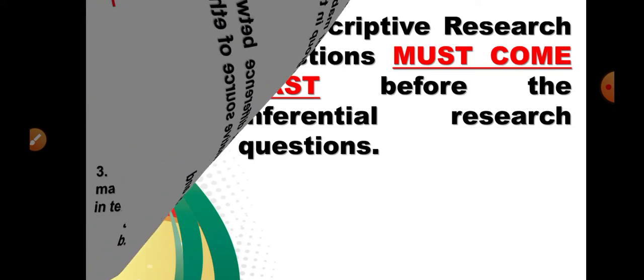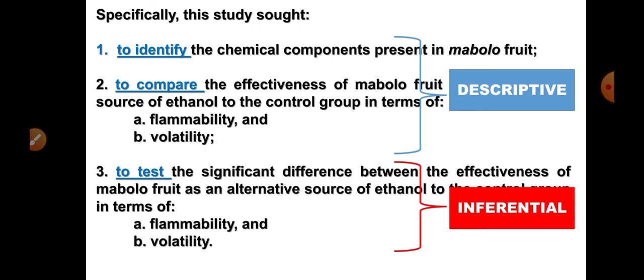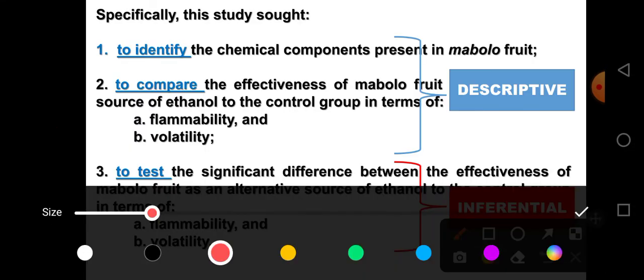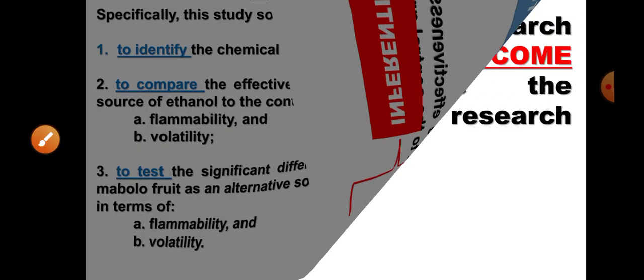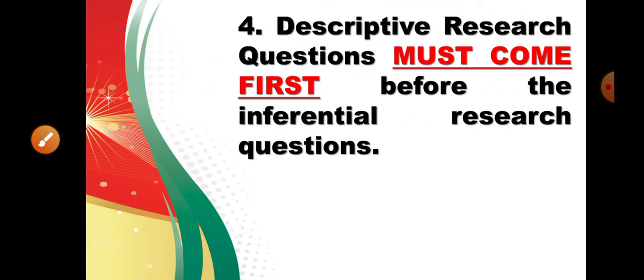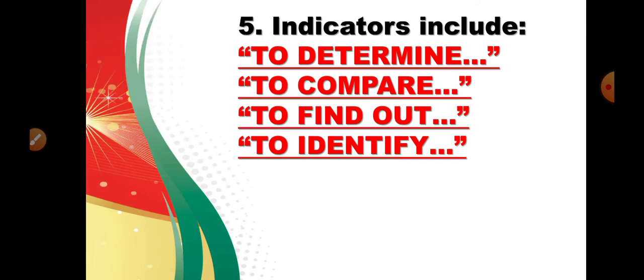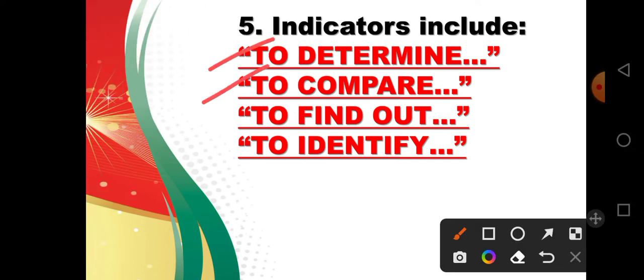And take note again, class, of the indications of the descriptive research questions. We have to identify and to compare. Meaning to say, our descriptive research questions are indicated by the following indicators: to determine, to compare, to find out, and to identify.